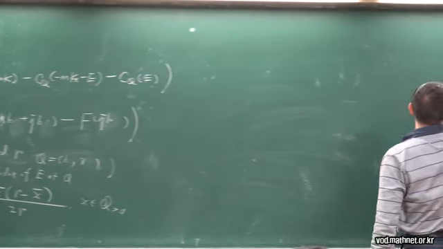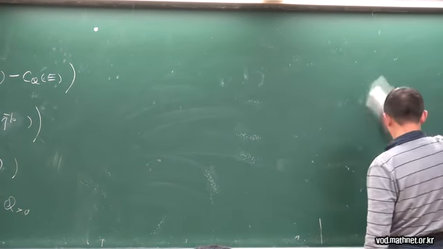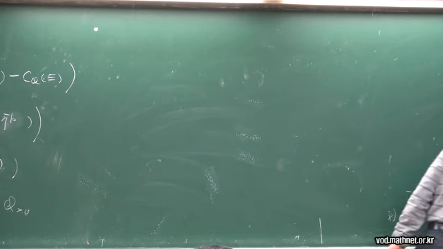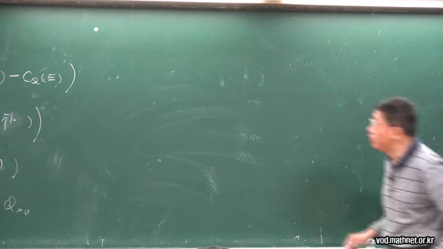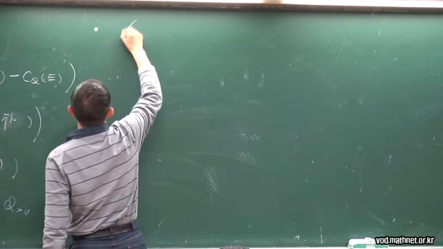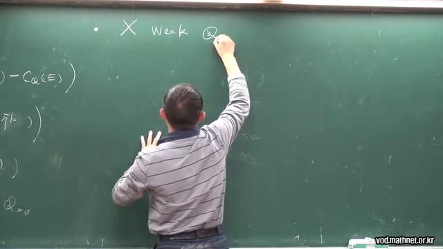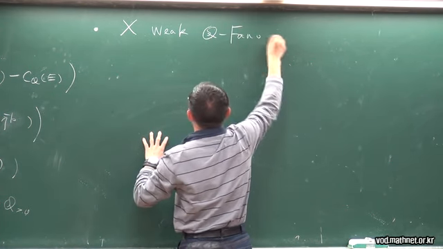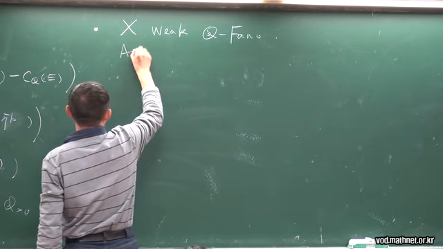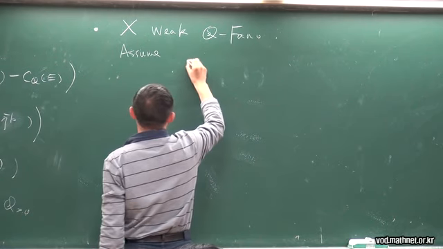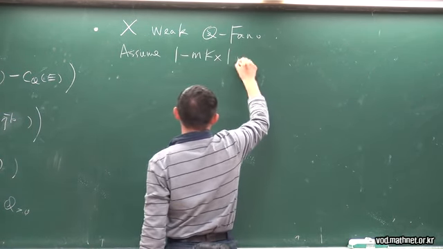What we can do is a very naive lemma, which says that if this is a pencil, then we have what property? So now we study X, this is weak Q-Fano. We have assumed minus m Kx is a pencil.